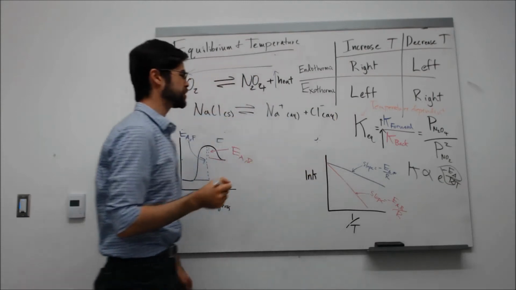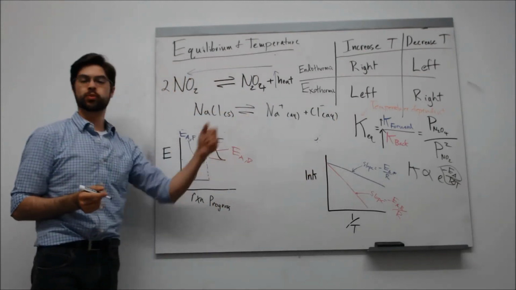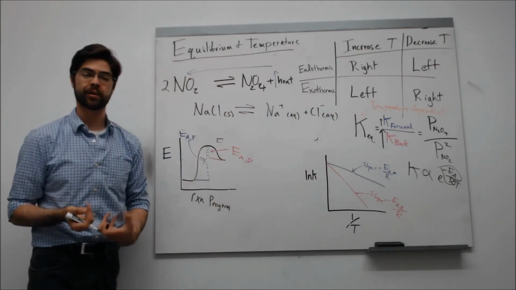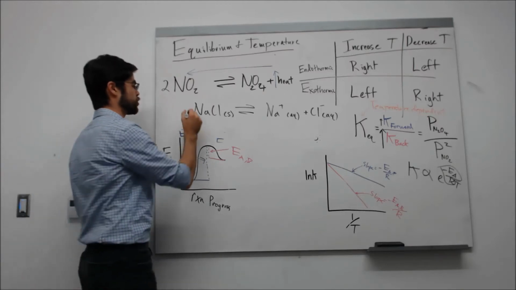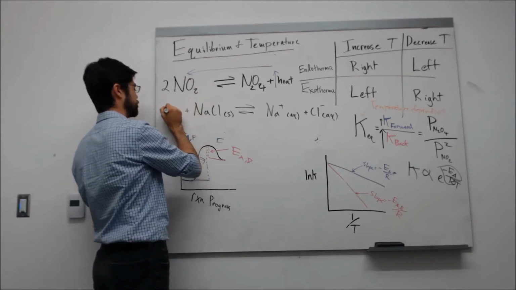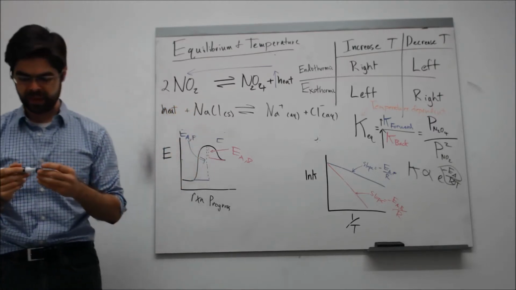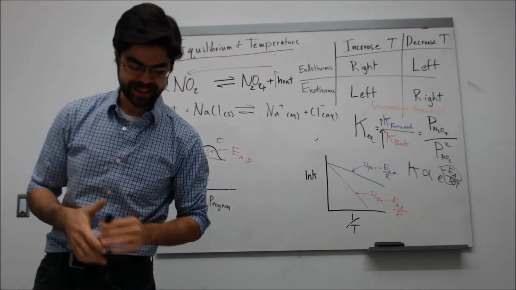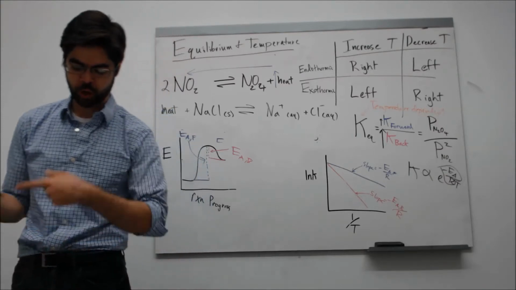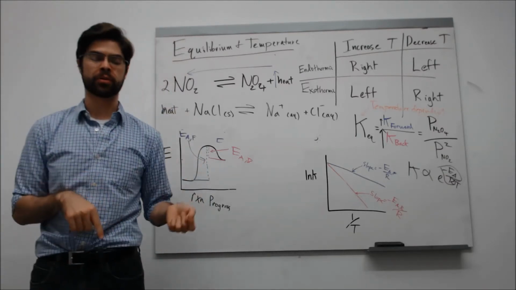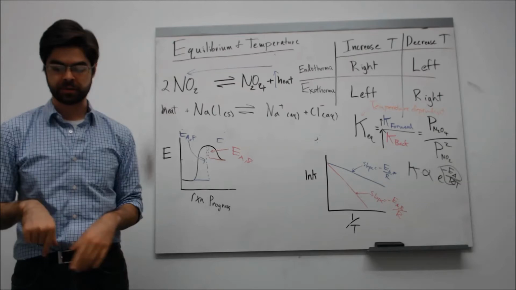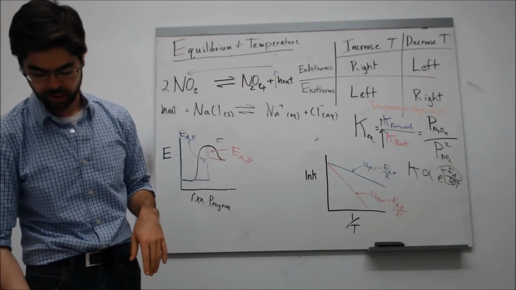If we recall from the demonstration I did, this made the solution cool down, and so that was an endothermic process. So you can think of heat as being a reactant in that process. You require energy because it's endothermic. Energy needs to be supplied for this to occur.